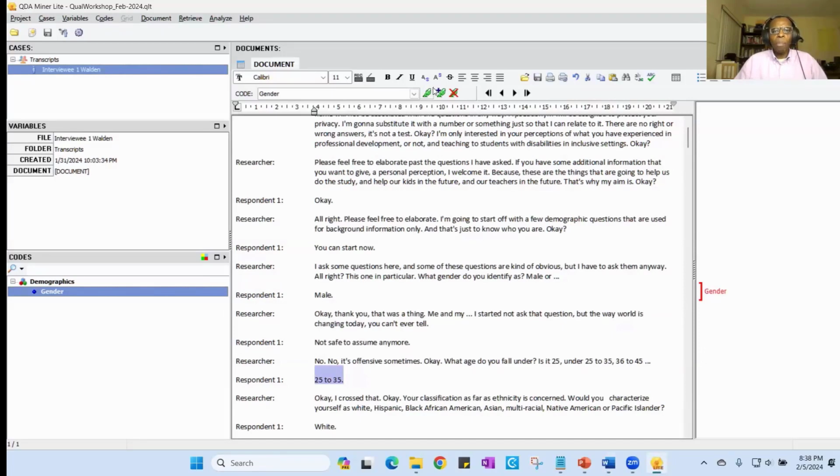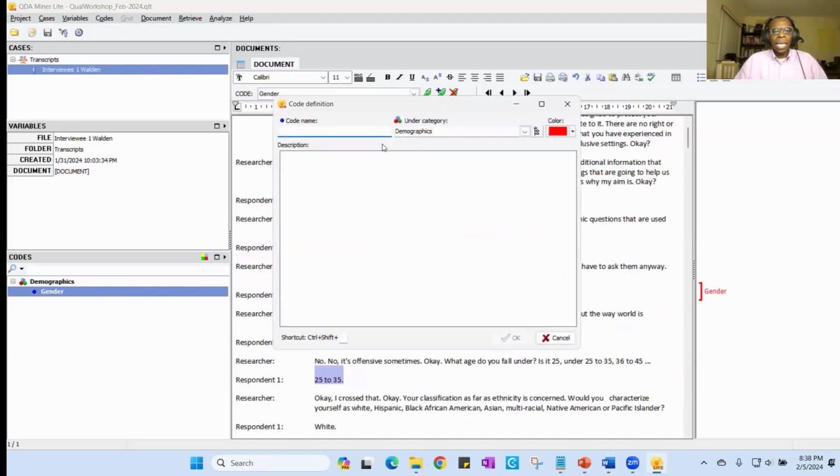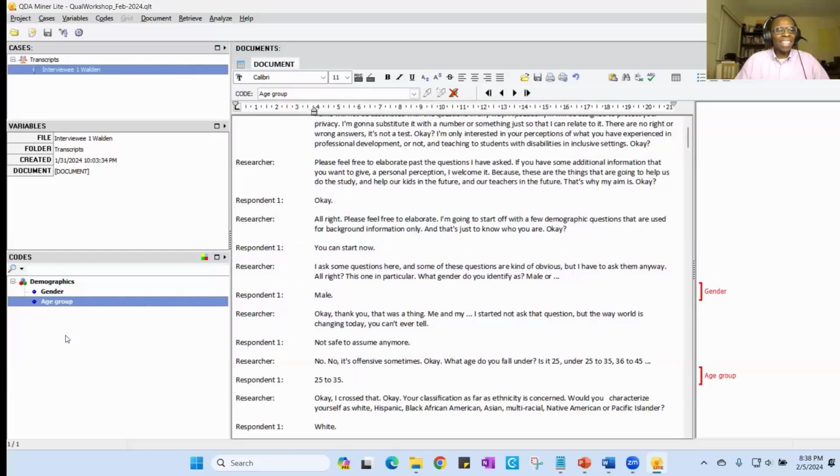We go back here and type in age group. That's the code name, but it's still under demographics. So we click OK. So now we've got a second code under demographics.